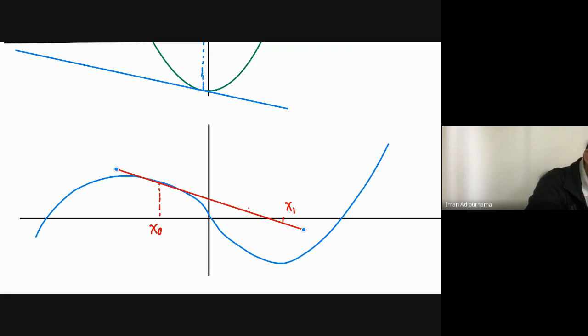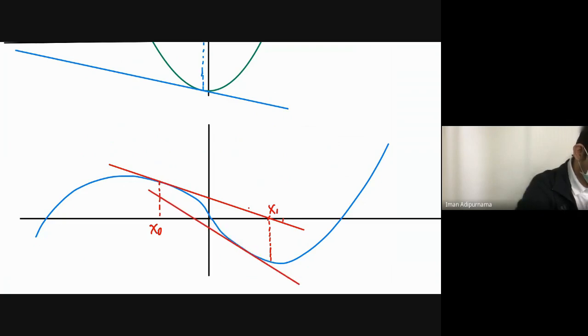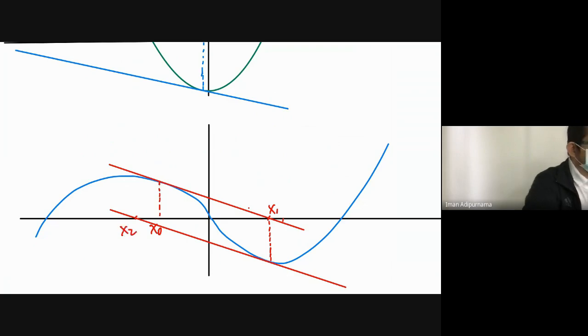If we take the x1, it goes back to this one.